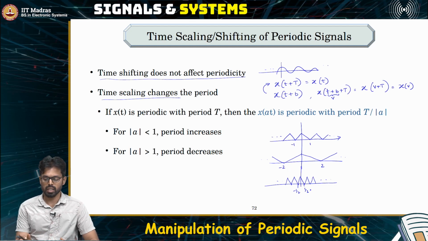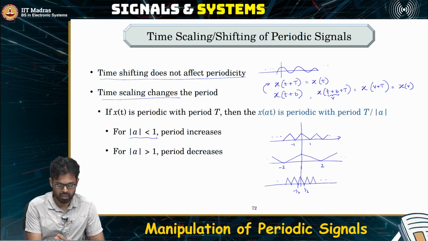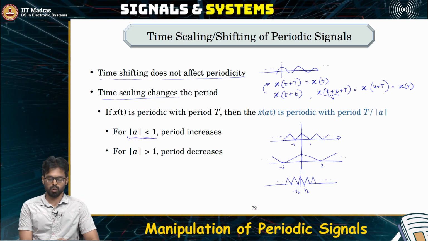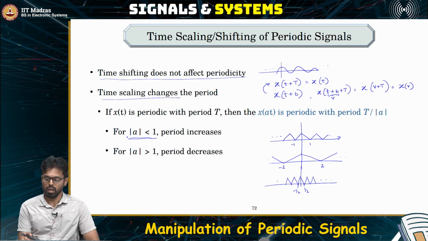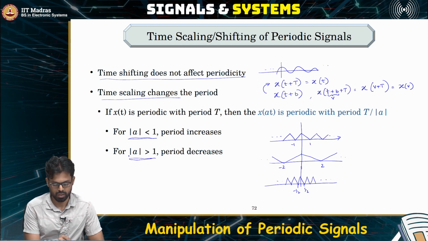So when does the signal get stretched? The signal will get stretched when the scaling factor is less than 1, and the signal will get squished when the scaling factor is greater than 1, right?